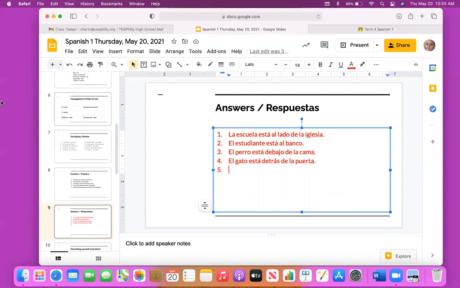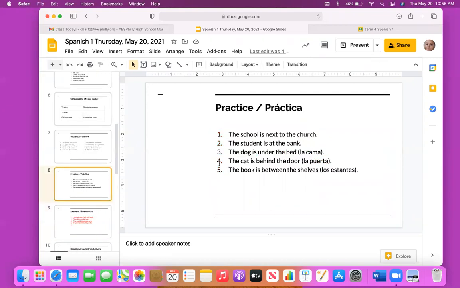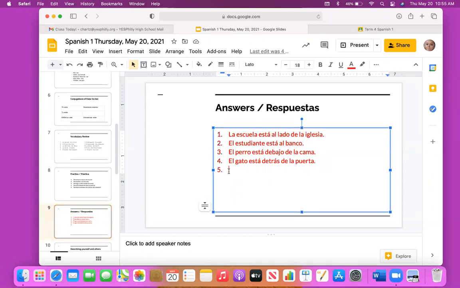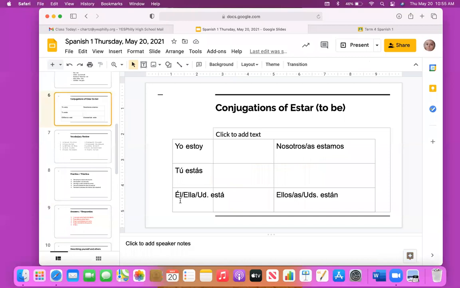You're welcome. Okay, so we can do our last one here. I have the book is between the shelves. So if we remember, el libro is the word for the book, right? And we have to say the book is. It's going to be está, right?